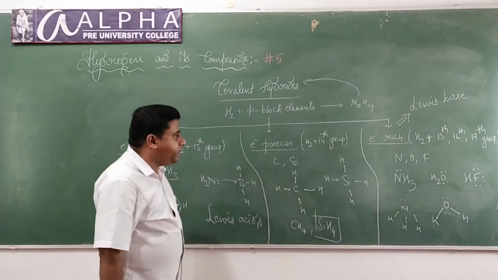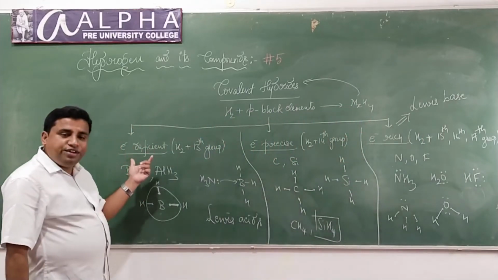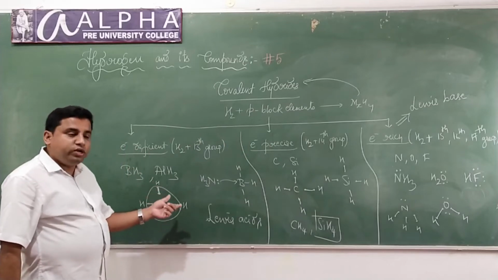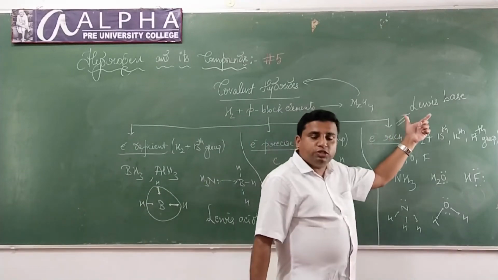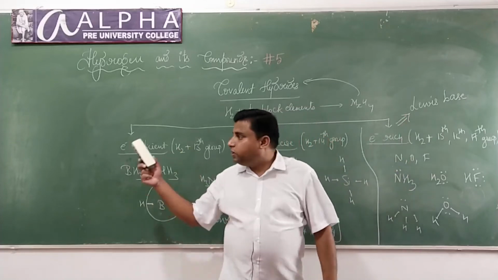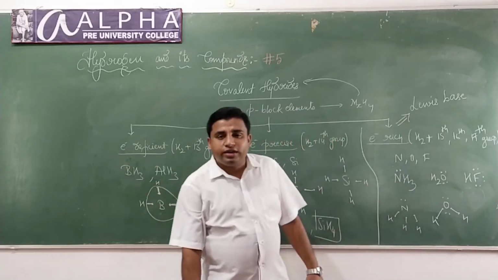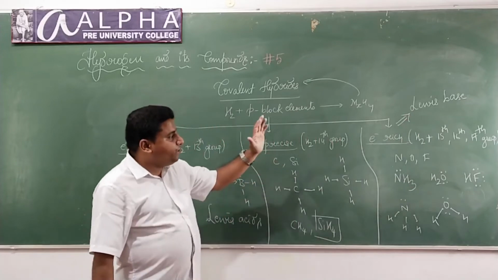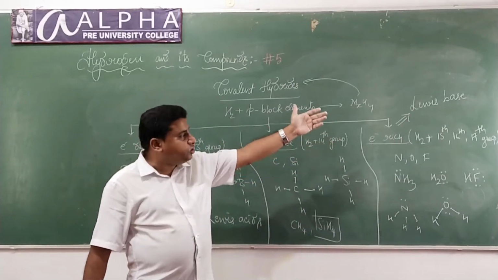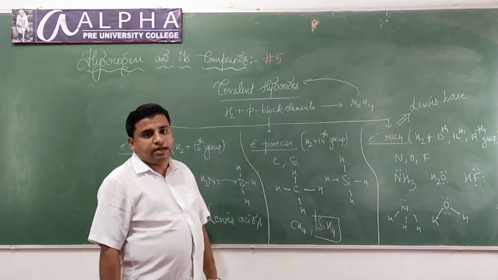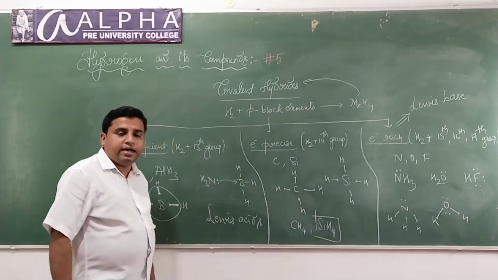Note this point: electron deficient hydrides act as Lewis acids, whereas electron rich hydrides act as Lewis bases. 13th group, electron deficient. 14th group, electron precise. 15th, 16th and 17th group, electron rich or Lewis base hydrides. So that's about covalent hydrides.